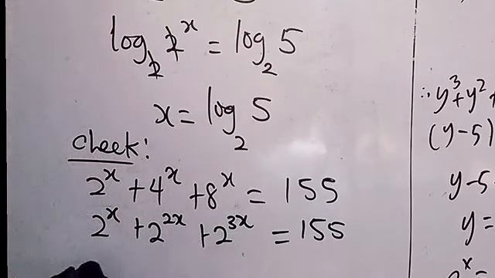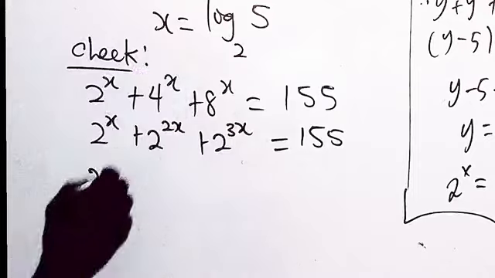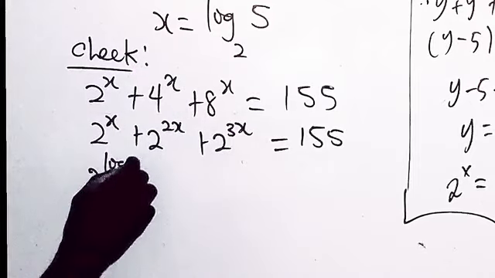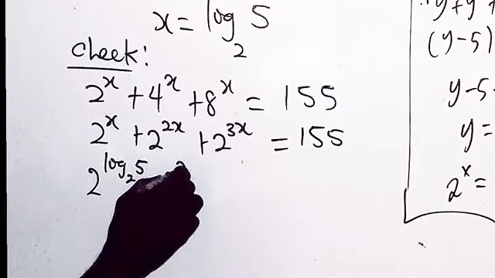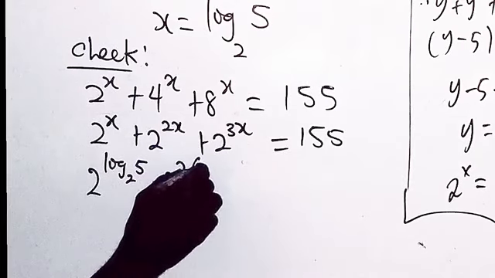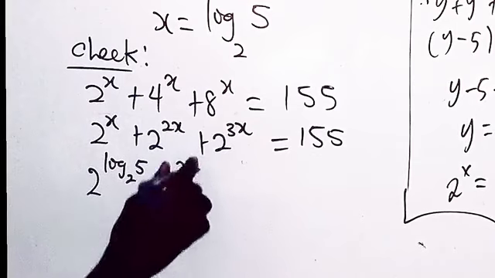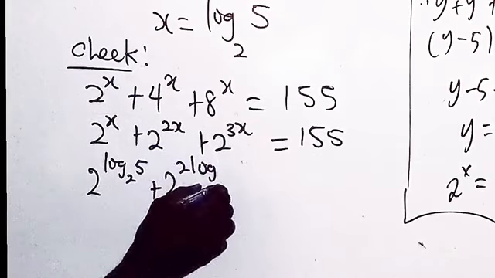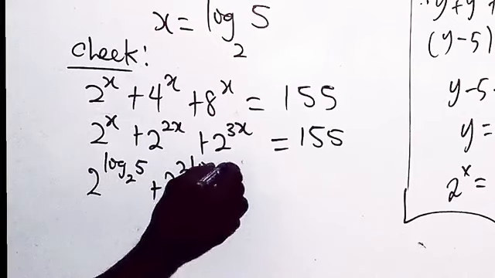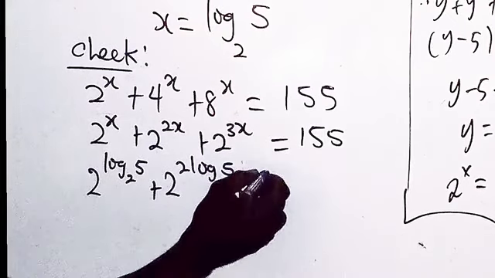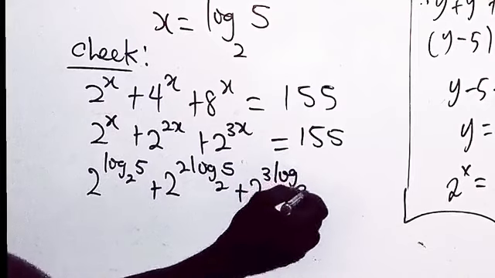So when x is log base 2 of 5, we have 2 to the power of log 2, 5, plus 2 to the power of 2 log 2, 5, plus 2 to the power of 3 log 2, 5.